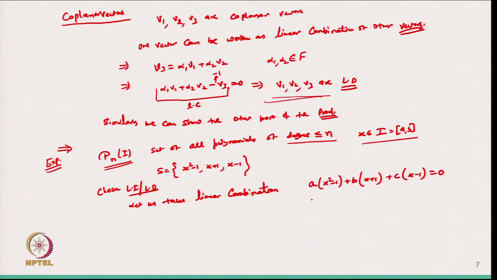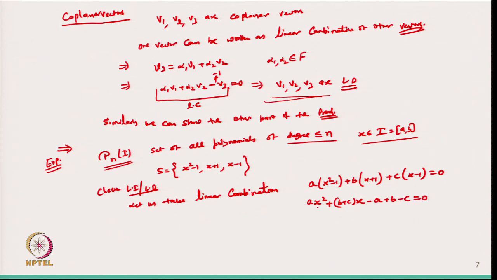From here I can separate the power of x square, then x, which can be written as (b plus c) x, and then the constant, minus a plus b minus c, equal to 0.